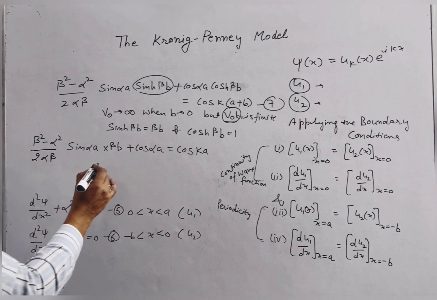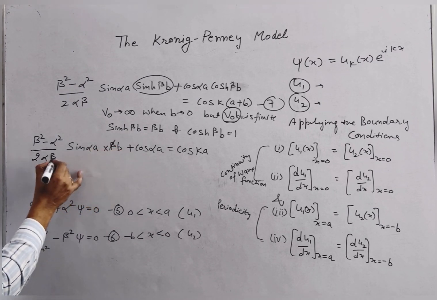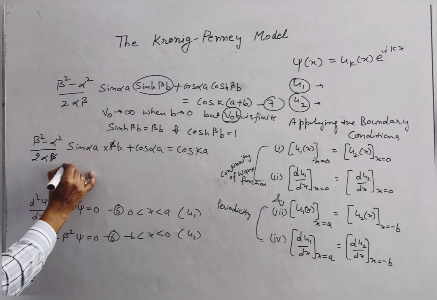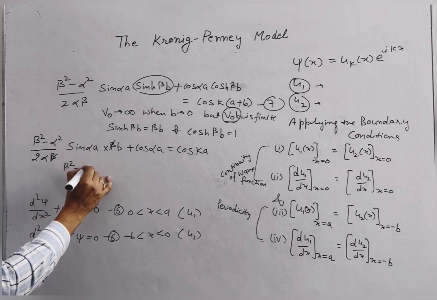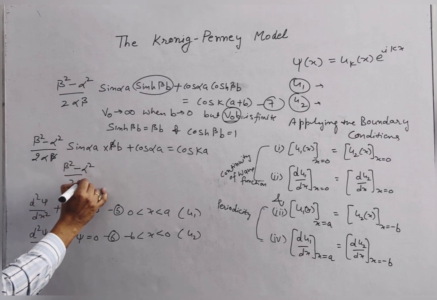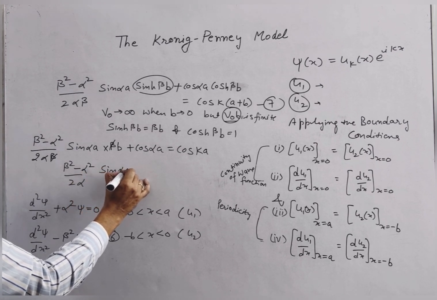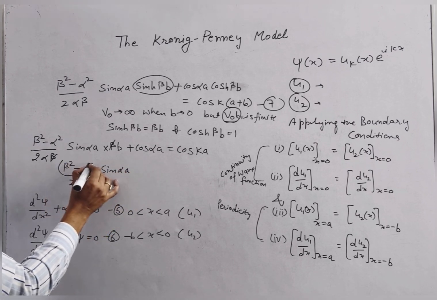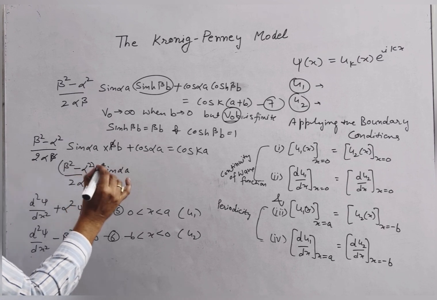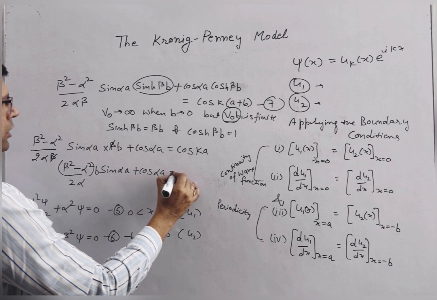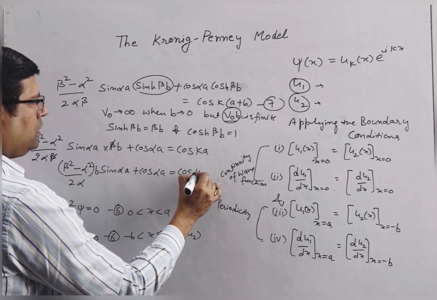Now from here beta is cancelled, so we get (beta square minus alpha square) upon 2 alpha, sin alpha a into b, plus cos alpha a equal to cos ka.